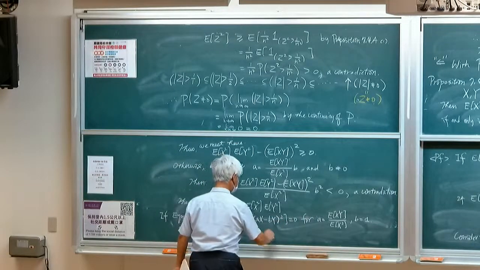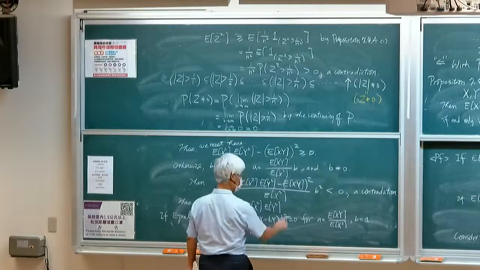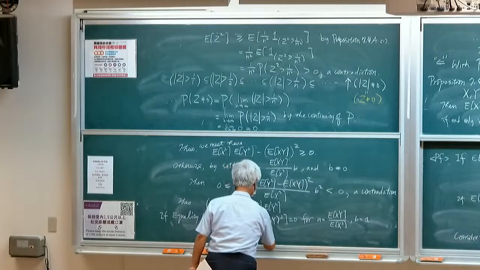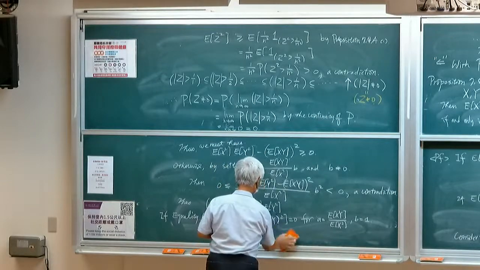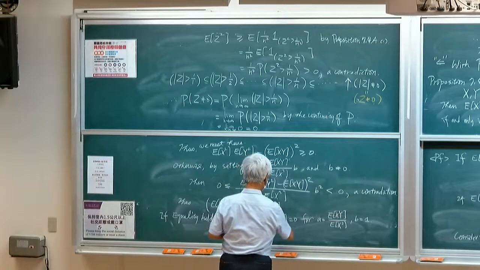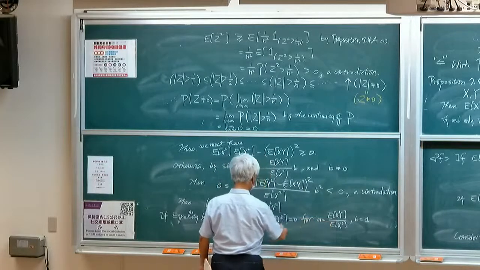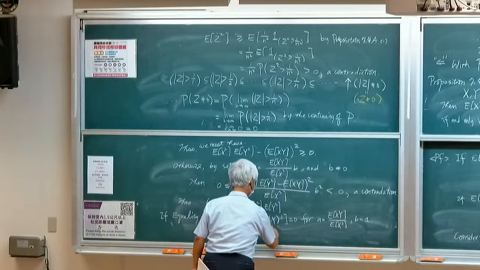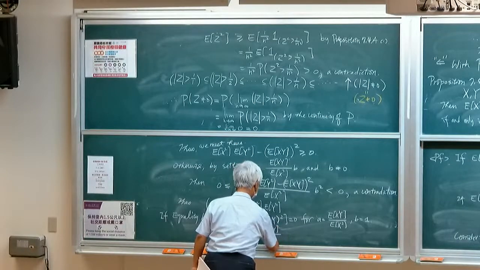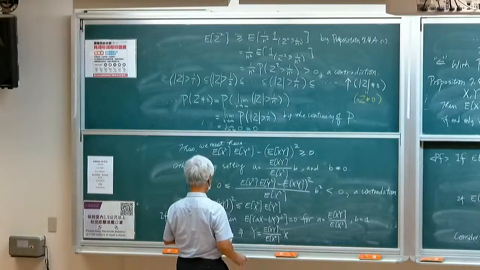And from here, this implies that a is minus by. So we can solve. The y becomes E of XY given E of X squared and X. Okay?